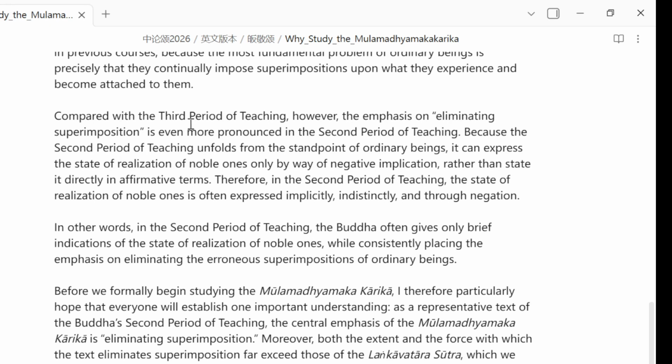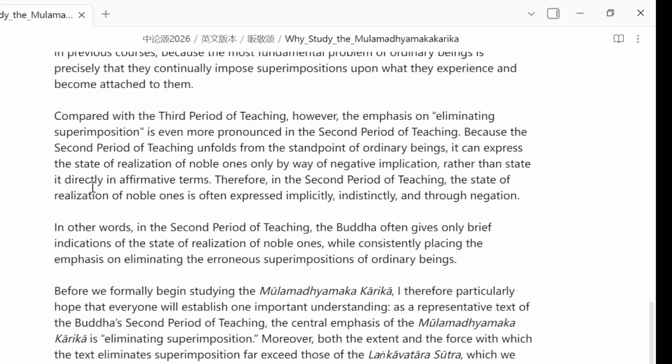Compared with the third pillar of teaching, however, the emphasis on eliminating superimposition is even more pronounced in the second pillar of teaching, because the second pillar of teaching unfolds from the standpoint of ordinary beings.